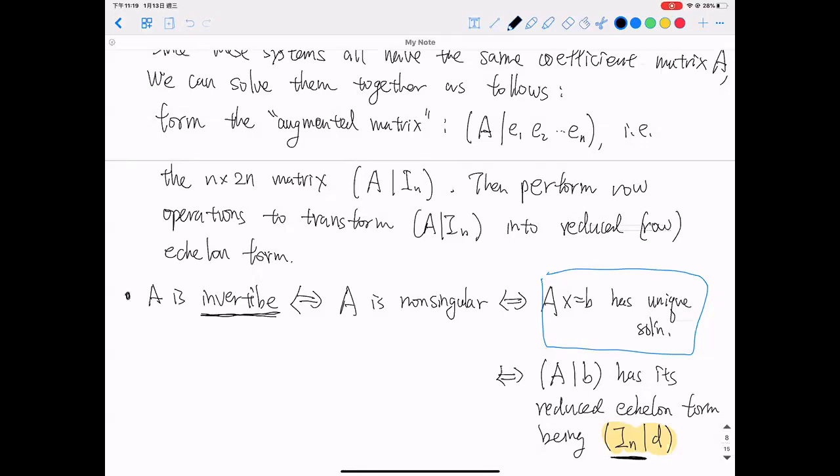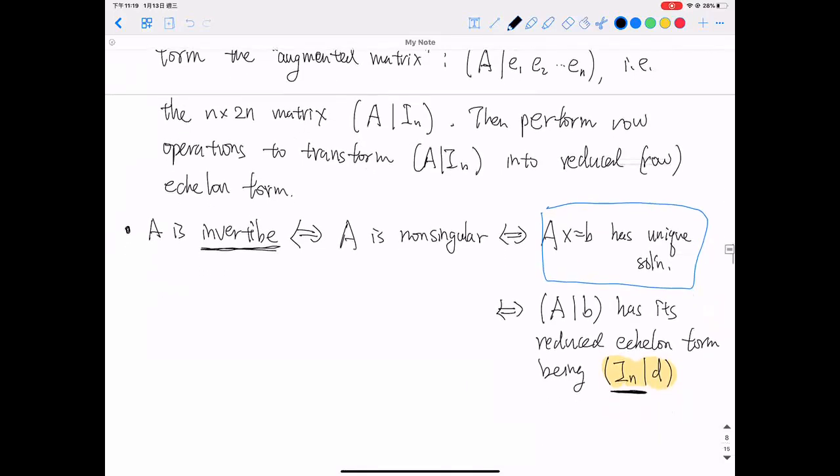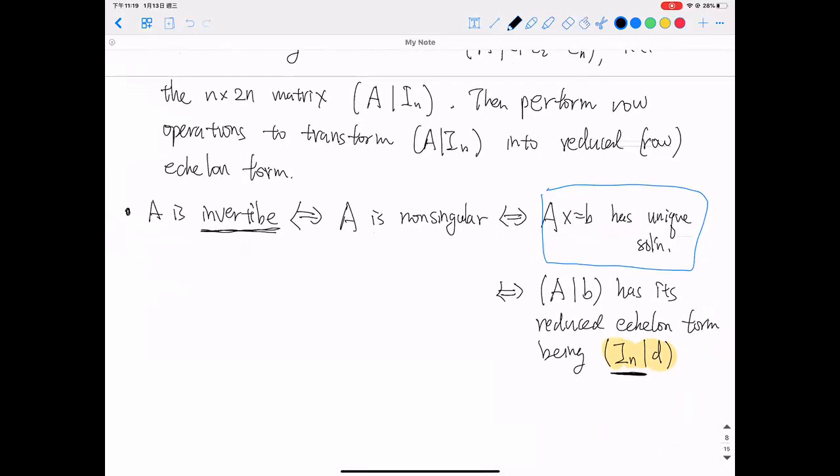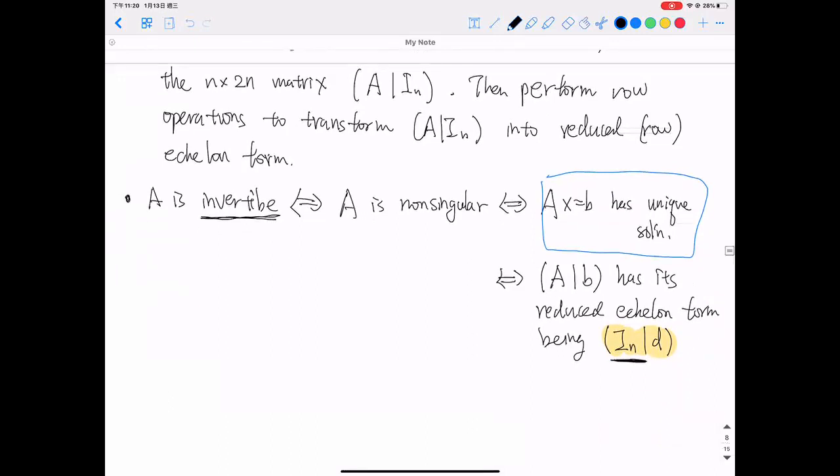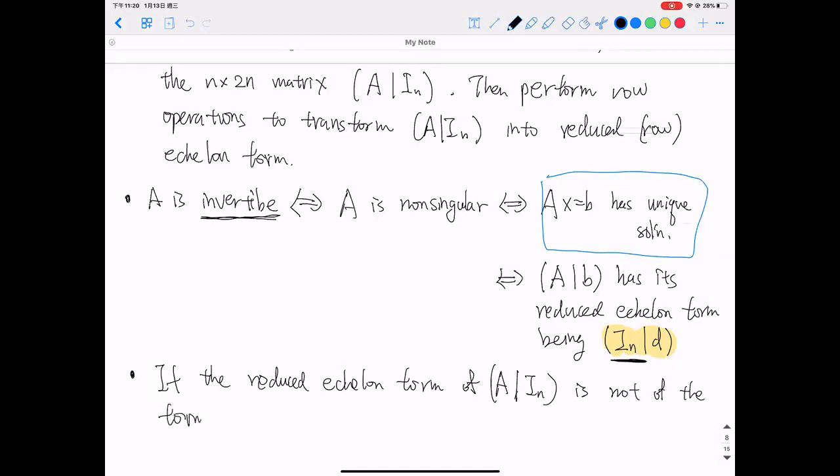So now going back to considering the invertibility of A, we can conclude that if the reduced echelon form of [A | I_n], this n by 2n matrix, is not of the form [I_n | B], then A is not invertible.